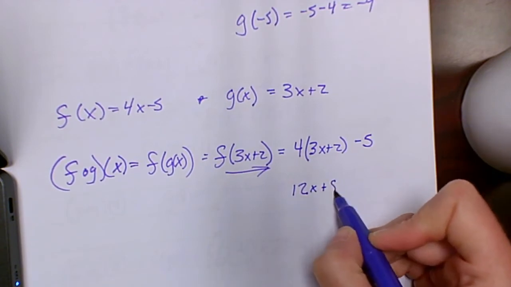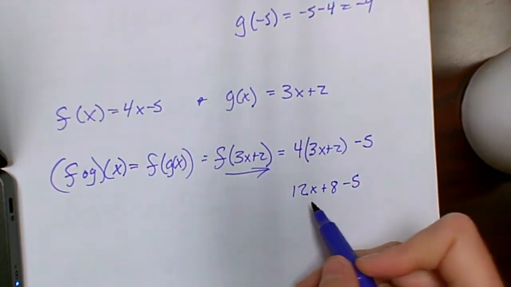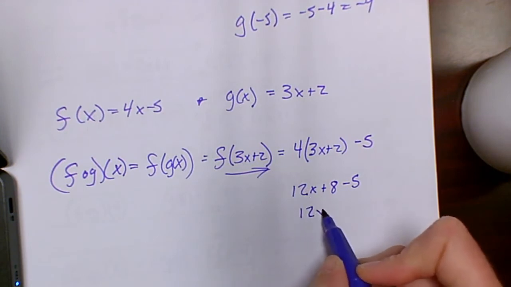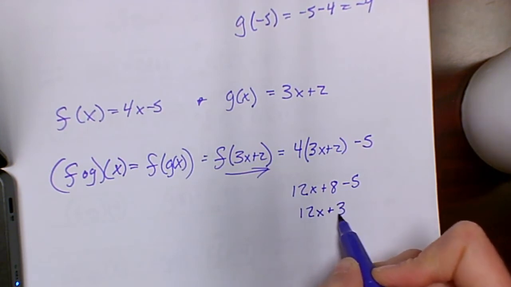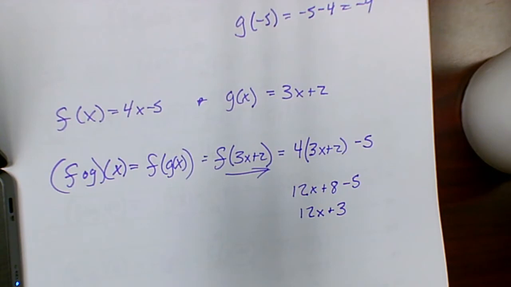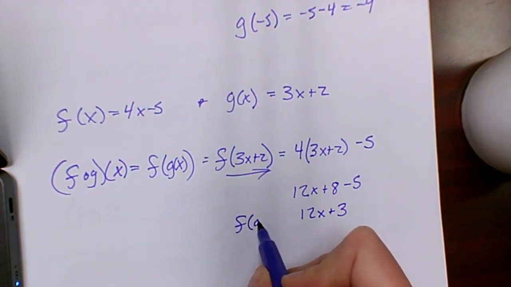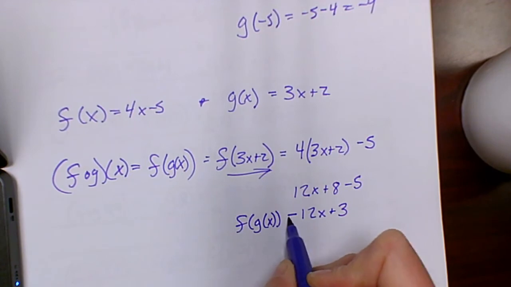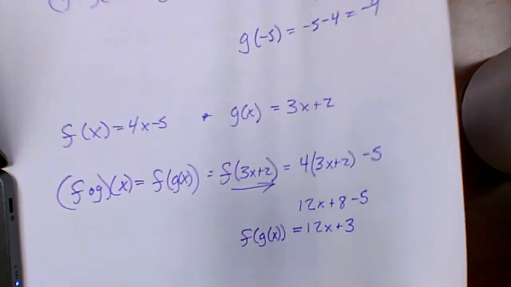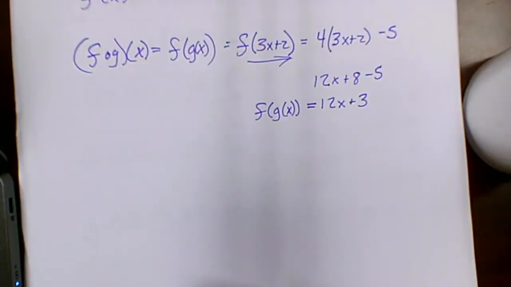Then we are going to distribute and add like terms, and we get 12x plus 3. So f of g of x equals 12x plus 3. So we are more or less evaluating a function in a function.